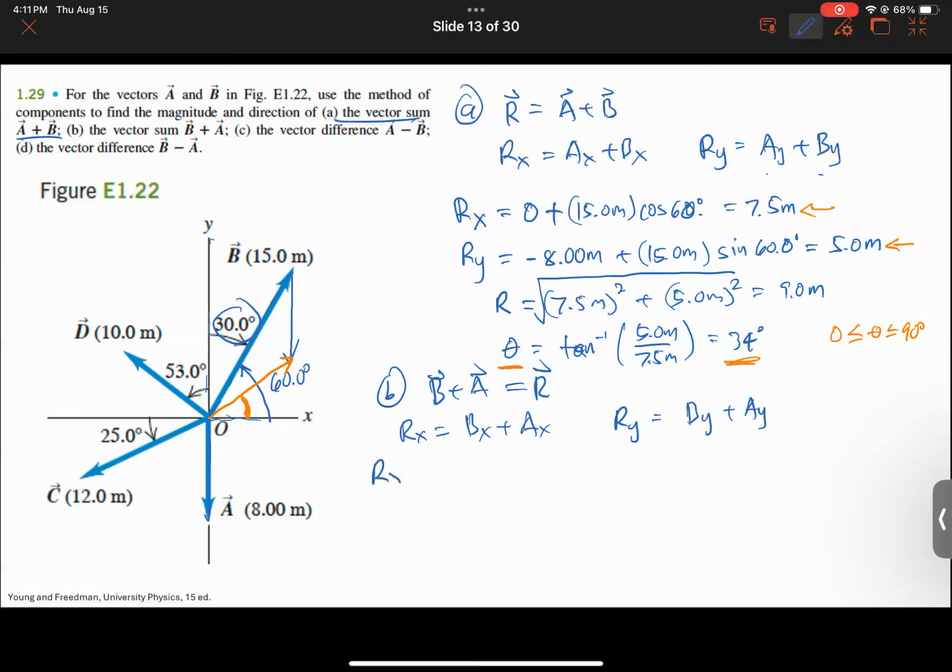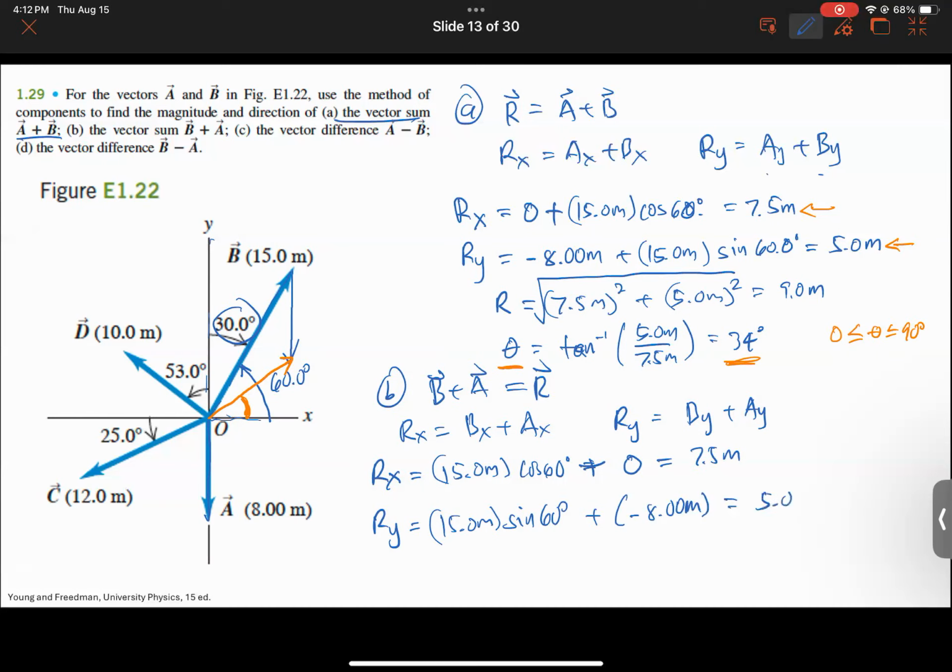So ang Rx ngayon is Bx, which is 15.0 meters cosine 60 degrees plus Ax, which is 0, equals 7.5 meters. And along the y-axis, yung Bx muna, which is 15 meters times sine 60 degrees plus negative 8.0 meters.